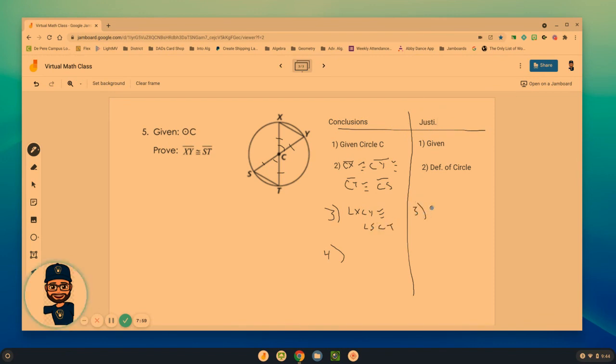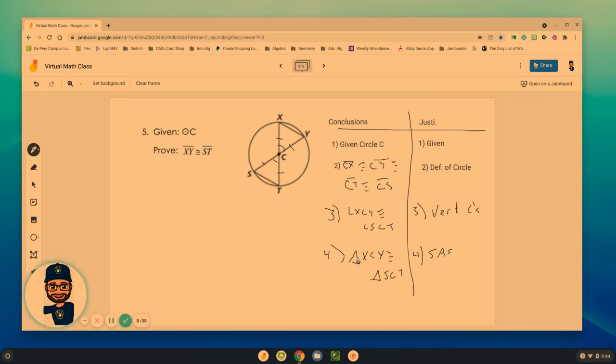Why? Vertical angles again. Angles that share a common vertex, they're opposite each other. That then allows me to say that triangle XCY is congruent to triangle SCT. What's the triangle proof here? Side angle side.